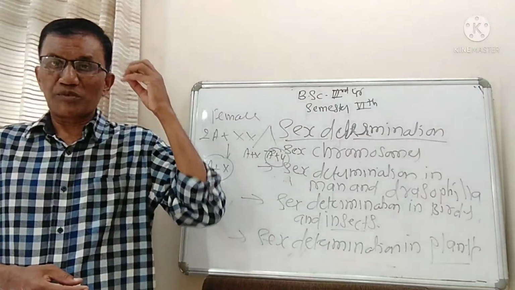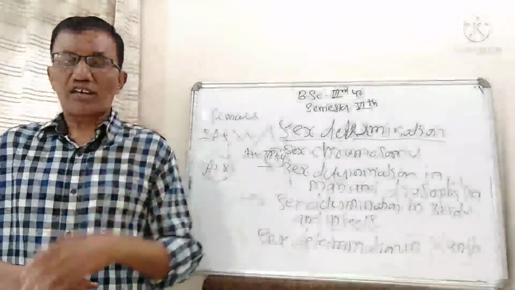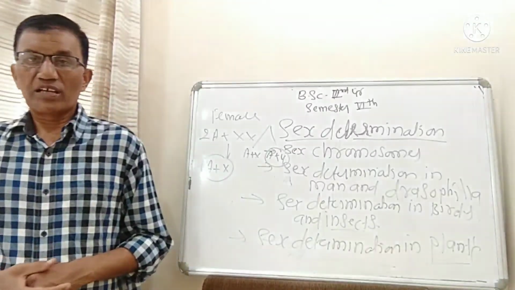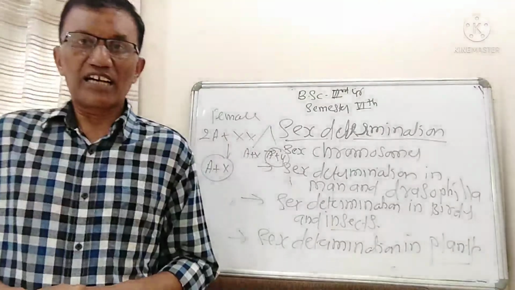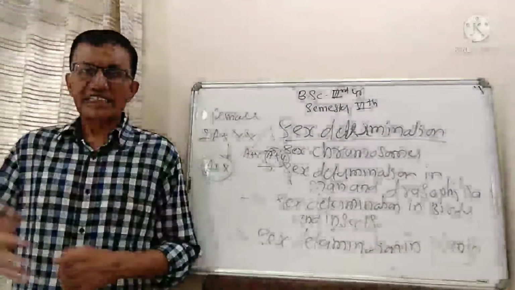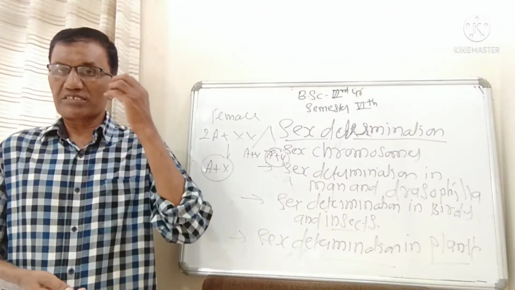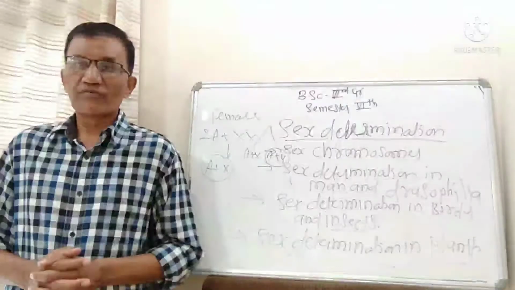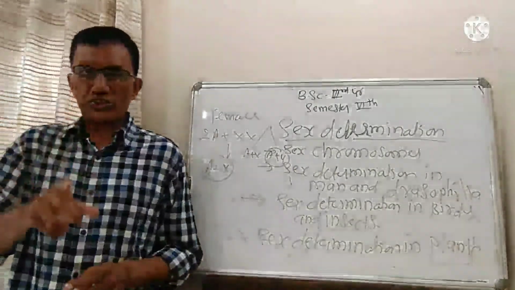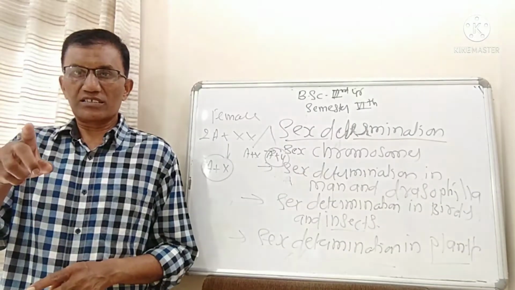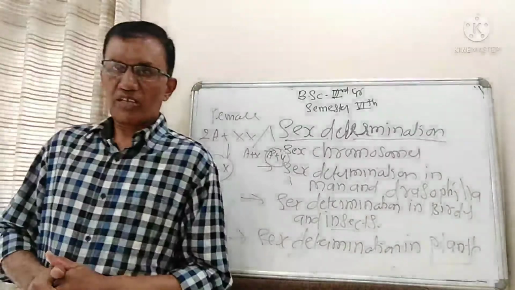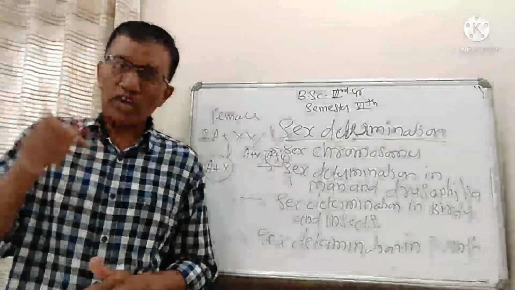The gene responsible for the production of hairs on the ear pinna is present only on the Y chromosome, therefore it is known as Y-linked inheritance. Such hairs on the ear pinna will not be observed in females. They are present only in males, because the gene responsible for that, the Holandric gene, is present only on the Y chromosome.